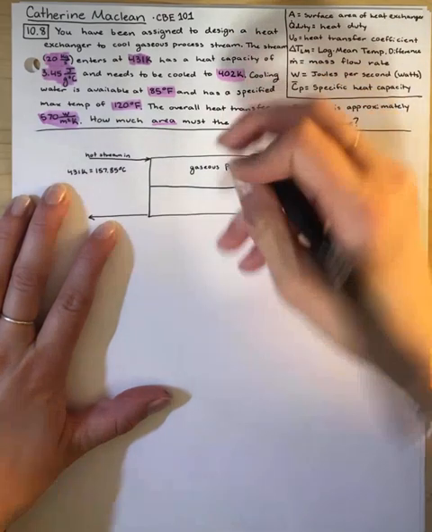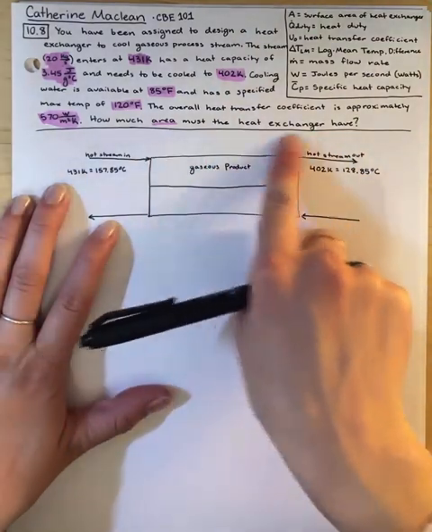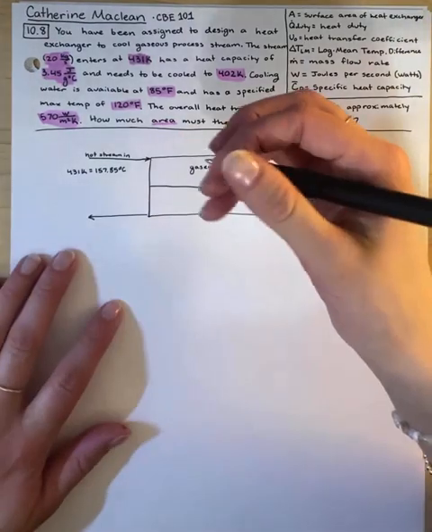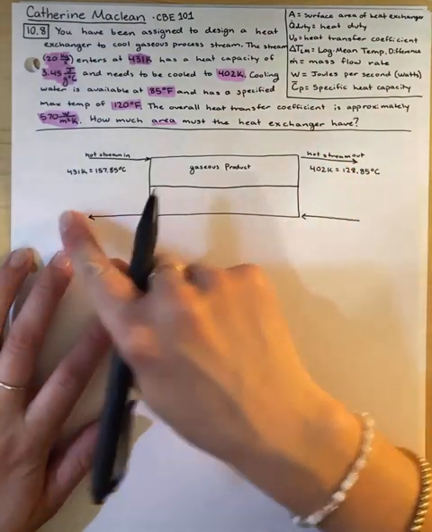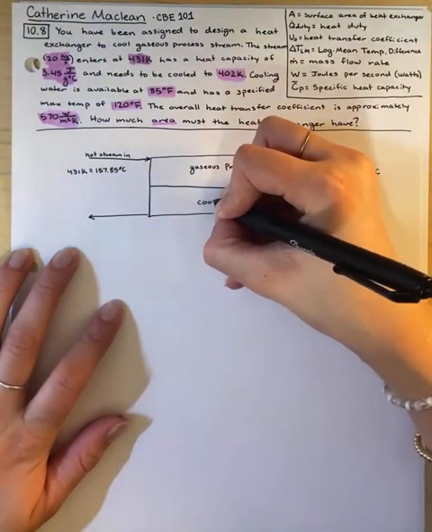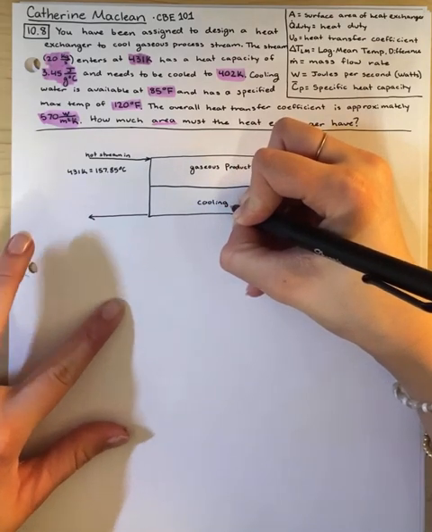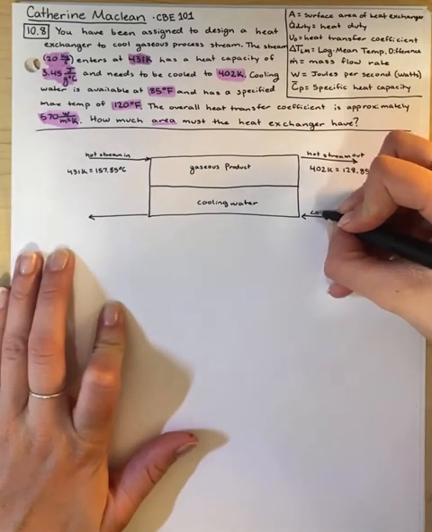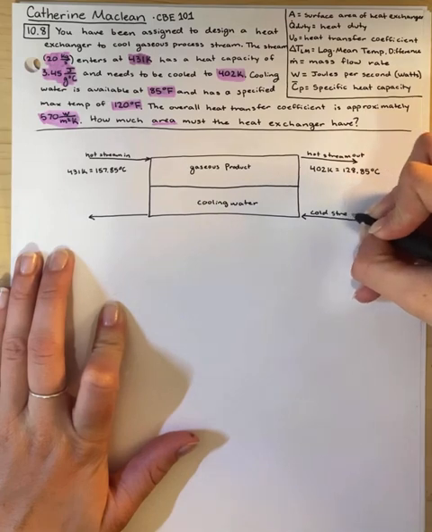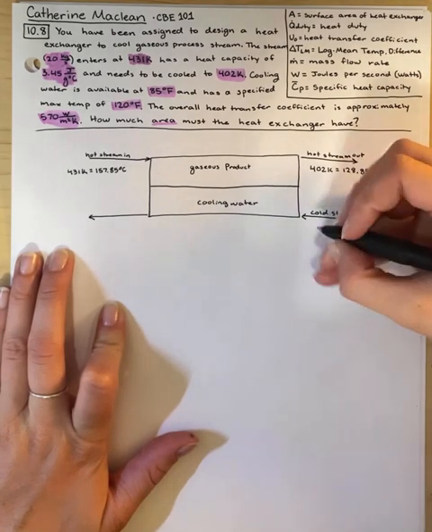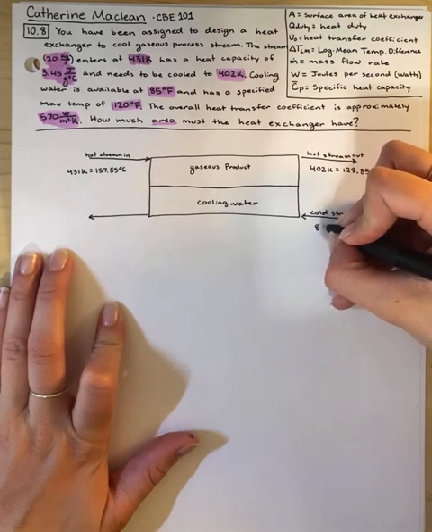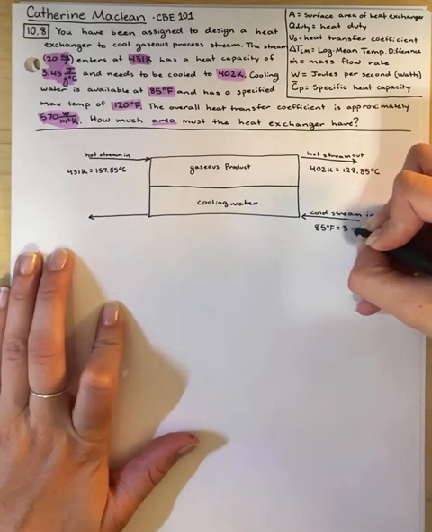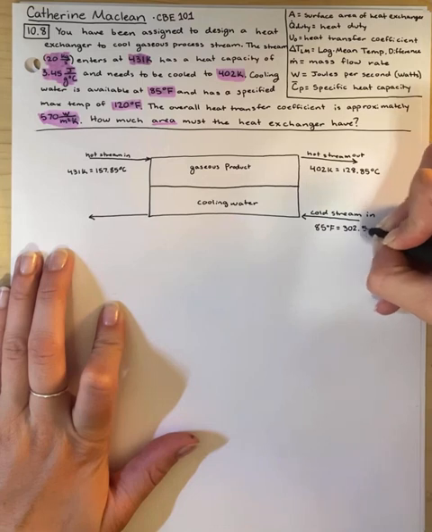This line in the center of the drawing here basically represents the area where the gaseous product and the cooling water transfer heat to each other. So our cooling water, which is this section here, enters in here. This is our cold stream. It enters at 85 degrees Fahrenheit, which is equal to 302.59 degrees Kelvin.